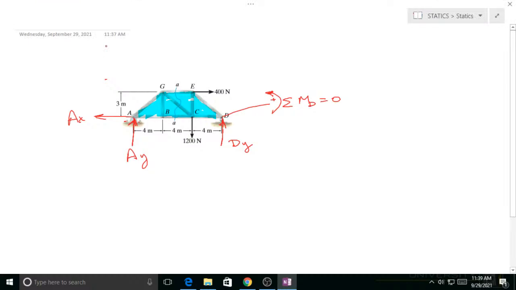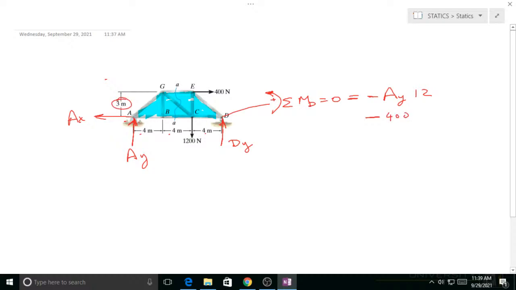AY, on the other hand, does. It produces a moment this way, which is a minus AY times 4, 4, and 4. Isn't that 12? And then this 400 produces a moment that way, which is a minus 400.